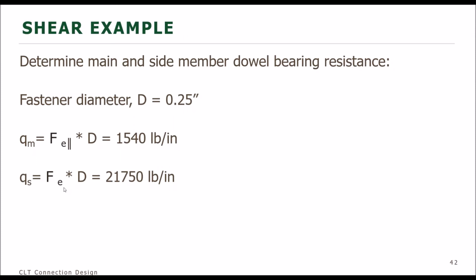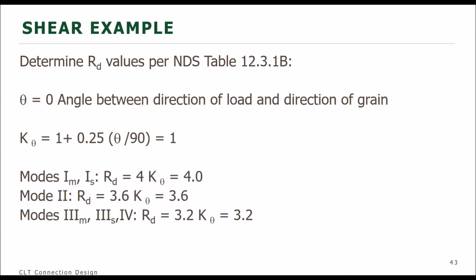Our side member is simply based on that F sub E, that dowel bearing strength of the steel side plate. And we also will need to determine the R sub D values that are in the NDS table 12.3.1b.